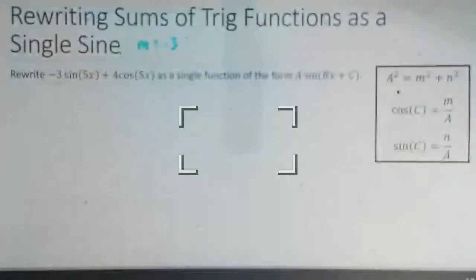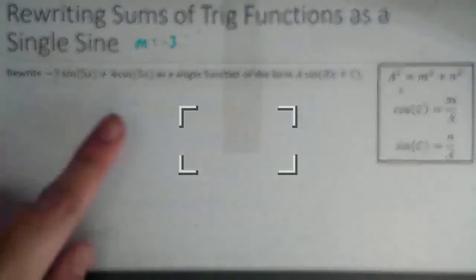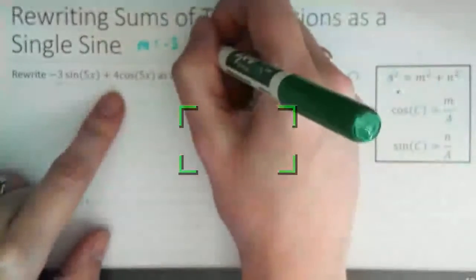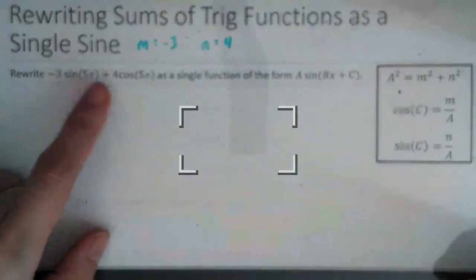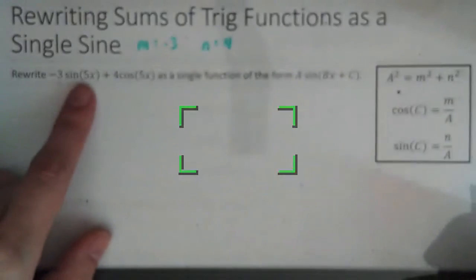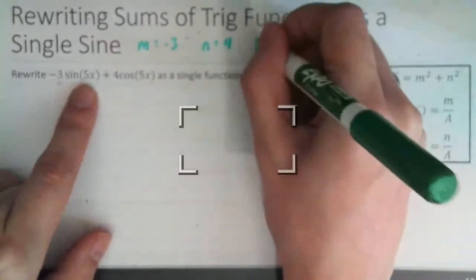So m is -3. The coefficient on cosine, that's what we called n. So n is going to be equal to 4. And then b is the coefficient on x. So b is 5. We're going to try to use all of these pieces of information to rewrite this in the form we're looking for.